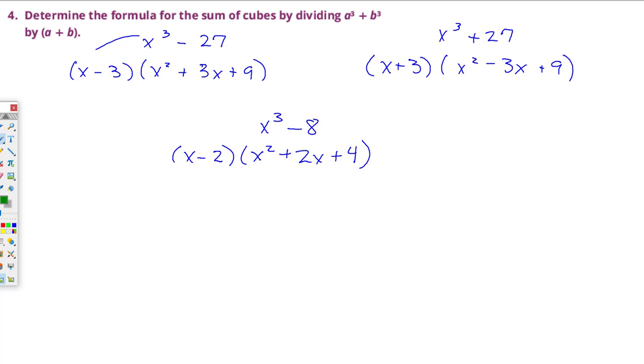So how did I get x minus 3, or x minus 2, or x plus 3? How did I come up with those numbers? Equaling those to 0. But really what it ended up being is the cube root of this and the cube root of that, right?